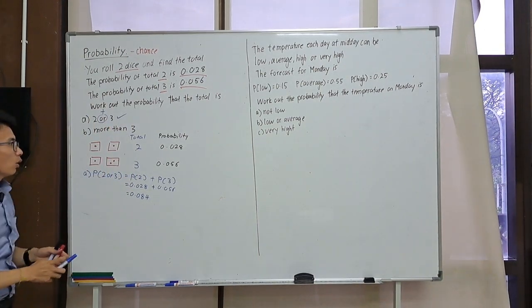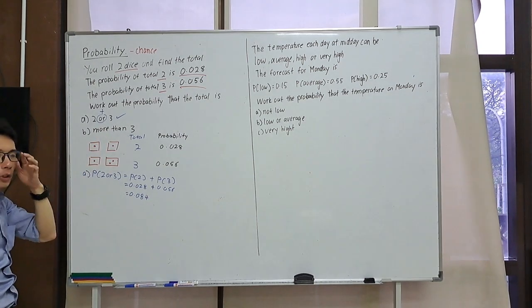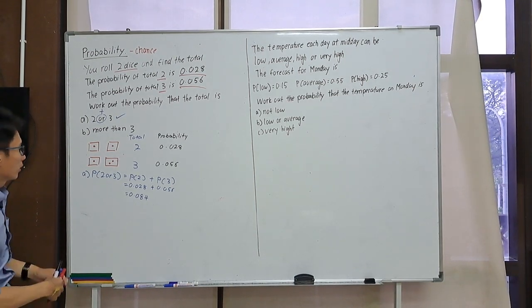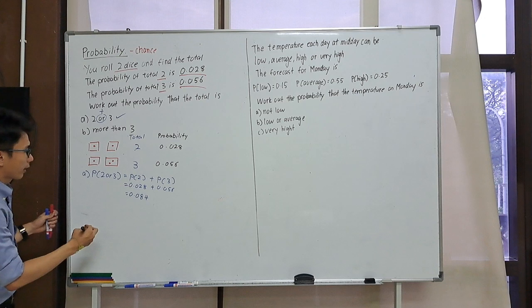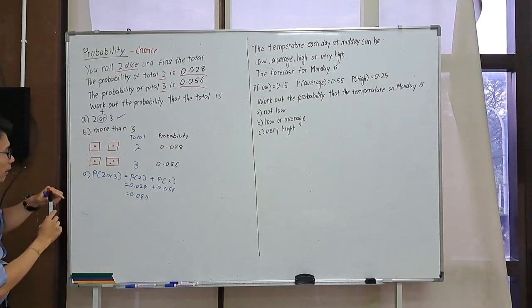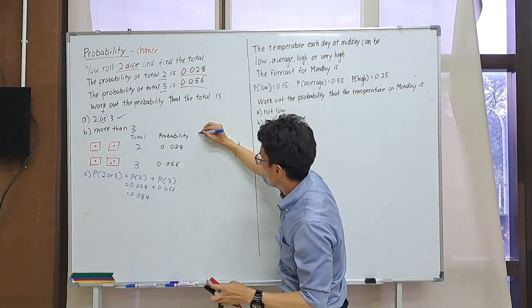Next one, B. What is the probability that I will get more than 3? Now, what does this more than 3 look like? Now, take a look over here. To answer this, I'm gonna rewrite this over here first. So give me some time.